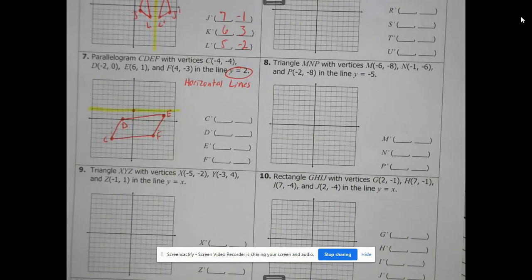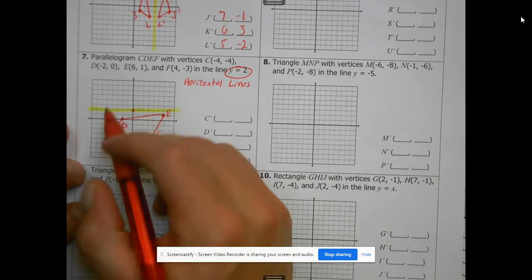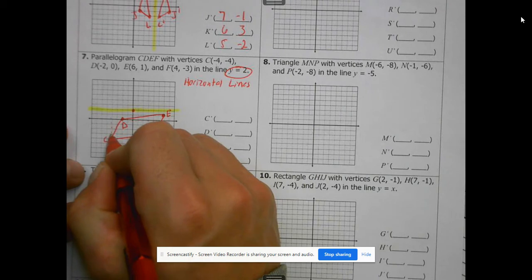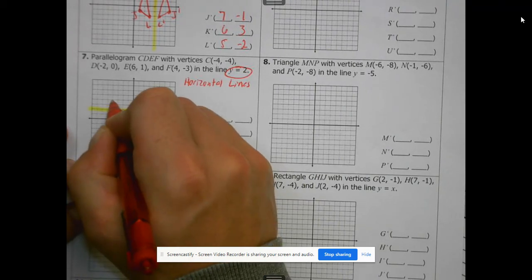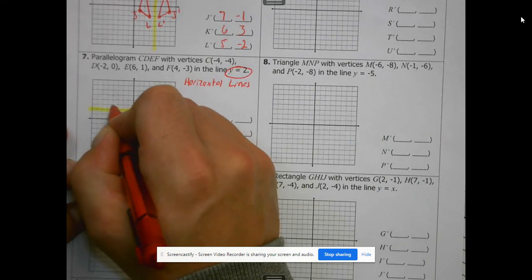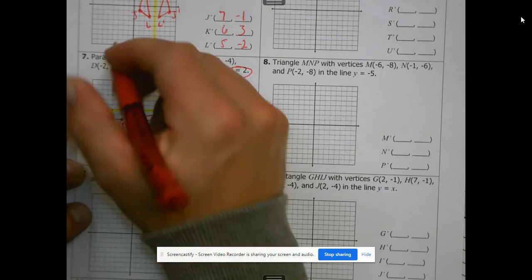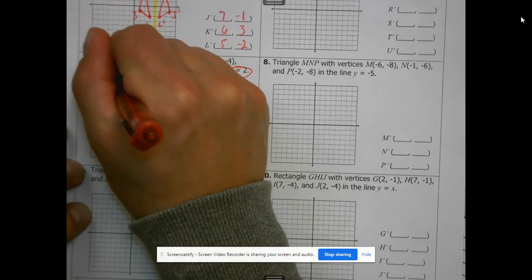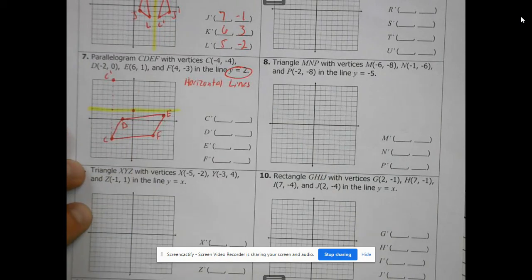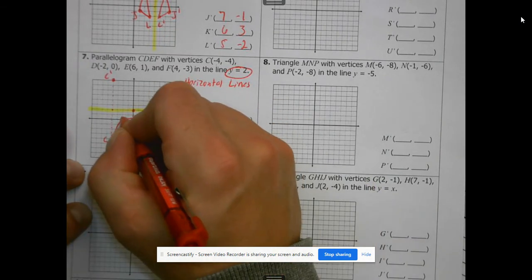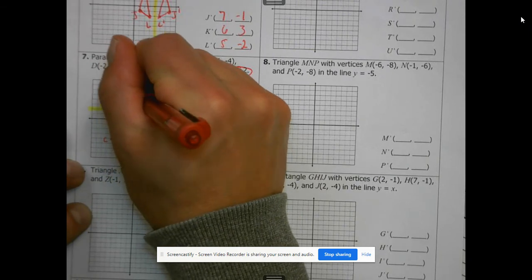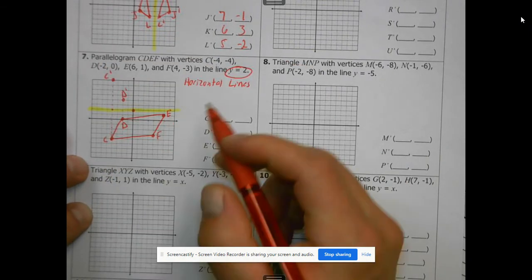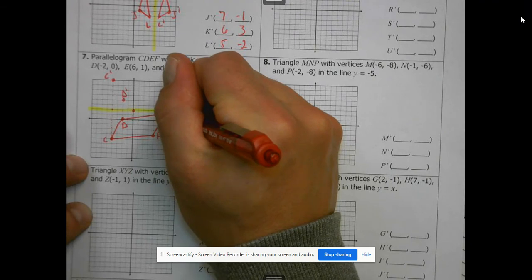And just like before, we're going to count boxes. C is 1, 2, 3, 4, 5, 6. Very top. C prime. D is 1, 2. E is 1 away, so go 1 the other way.